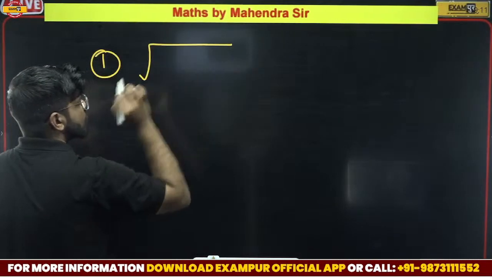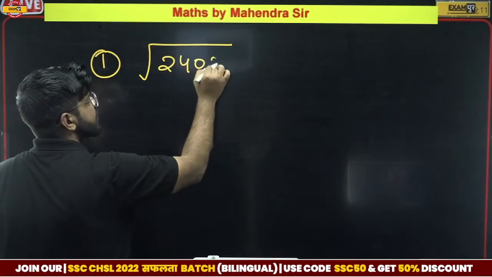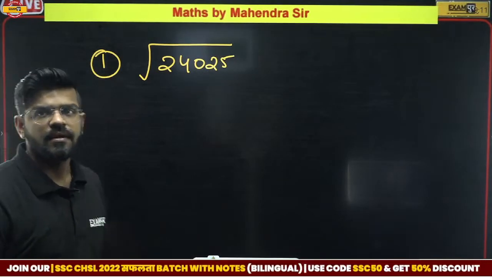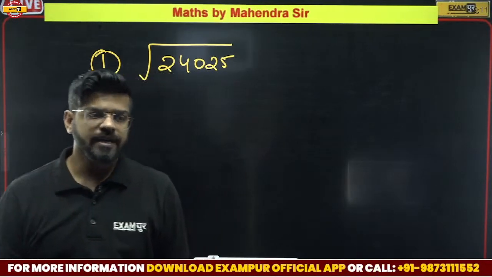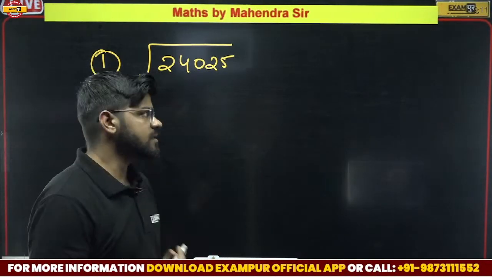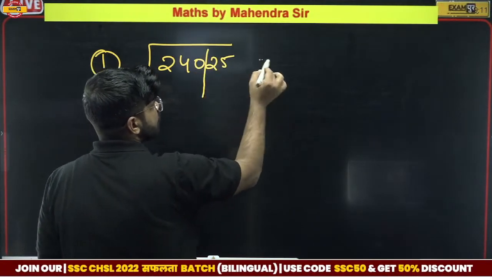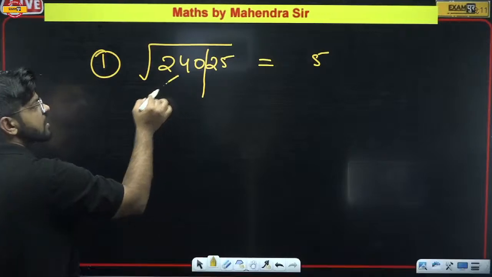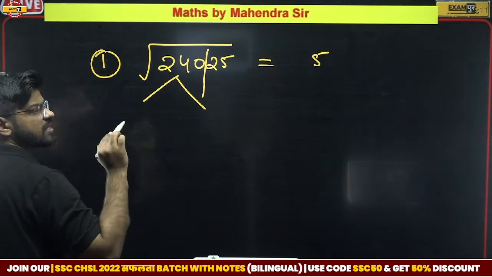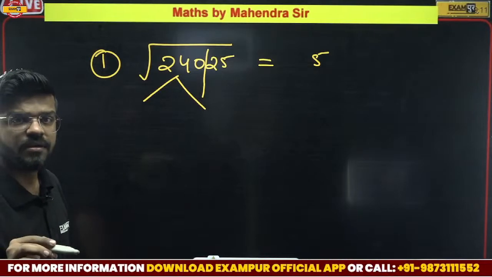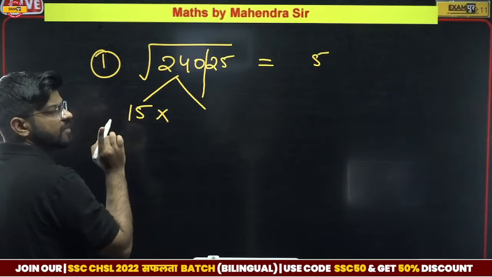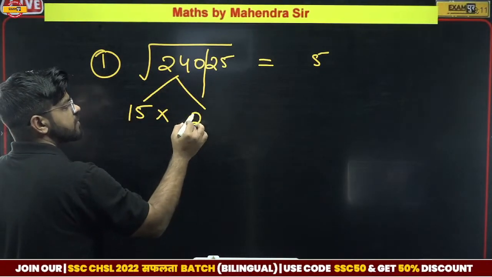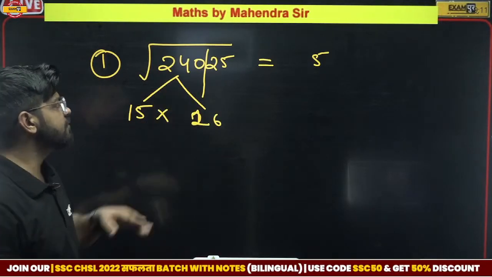Okay, if I say you have to calculate the square root of 24025, now tell me how you will calculate this. See, last two digits will be 25, so my unit digit will be 5. Now this comes between the squares of 225, that means 15 square, and 256, that means 16 square.